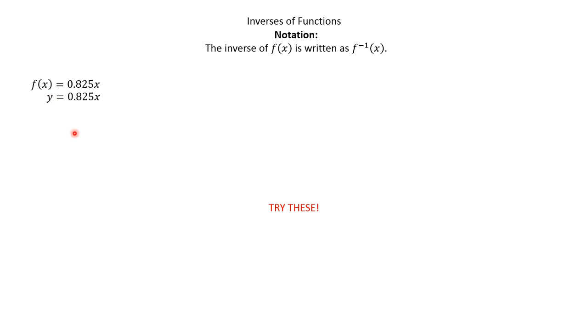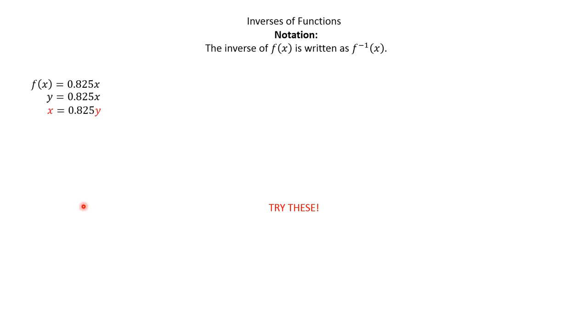Ends up being less confusing, because the next step, we're going to find the inverse. Remember back with the table, we found the inverse by switching the x and the y? That's exactly what we're going to do here. We're just going to switch the x and the y. All the y's become x's. All the x's become y's.